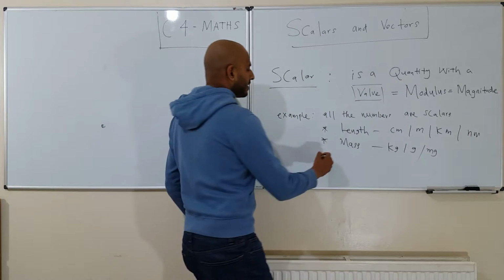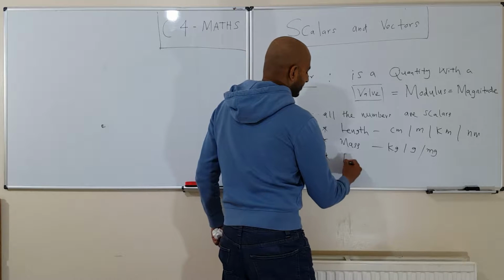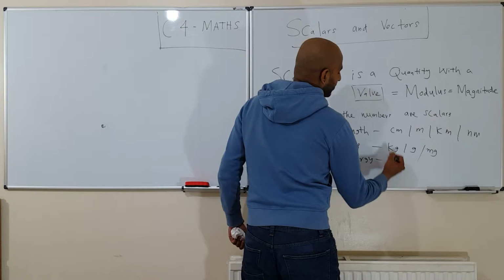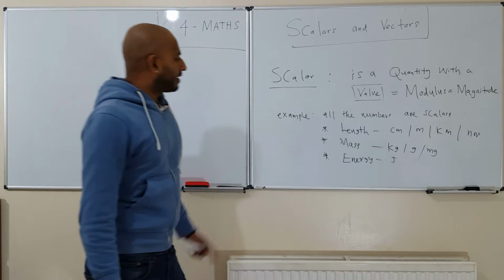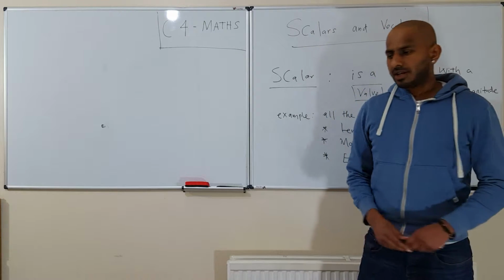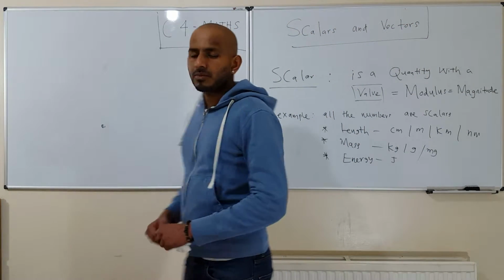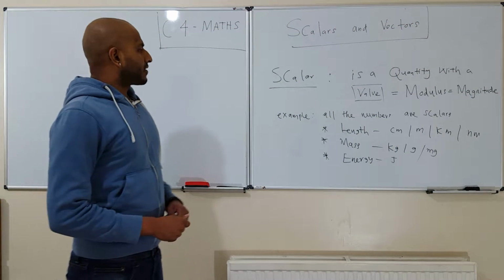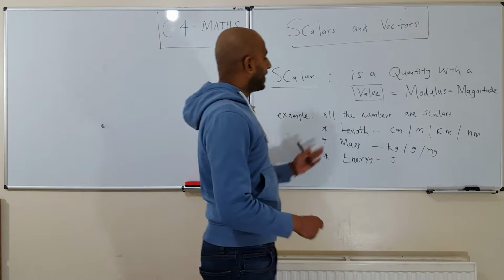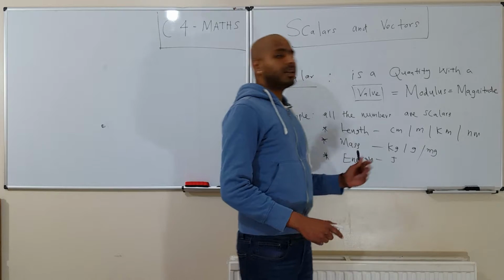There are some other things like energy, also a scalar, measured by joules. The whole idea here is that a scalar is something which has a size. So a scalar has a size, and also it has some sort of unit.